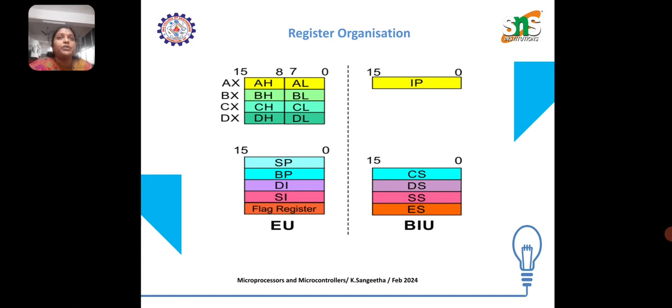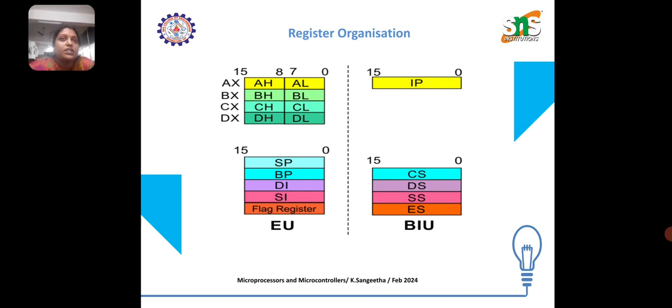Coming to the segment registers, CS is the segment register related to the code segment in memory. The segment registers hold the starting address of each segment. For example, DS, the data segment, points to the starting address of the data segment, and SS points to the starting address of the current stack segment, and then the extra segment.